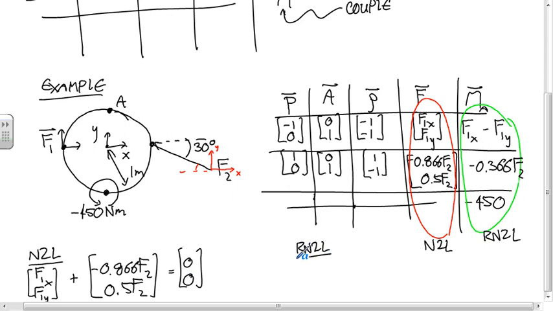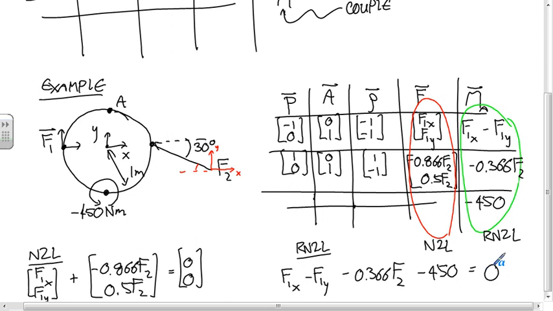And the rotational equation says F1x minus F1y minus 0.366 F2 minus 450 is equal to 0, 0.